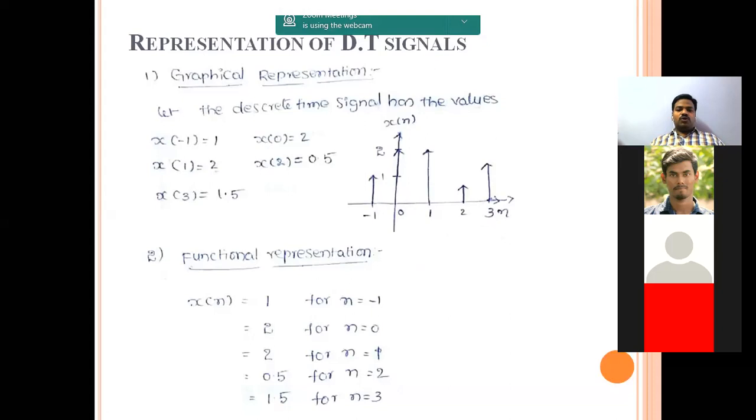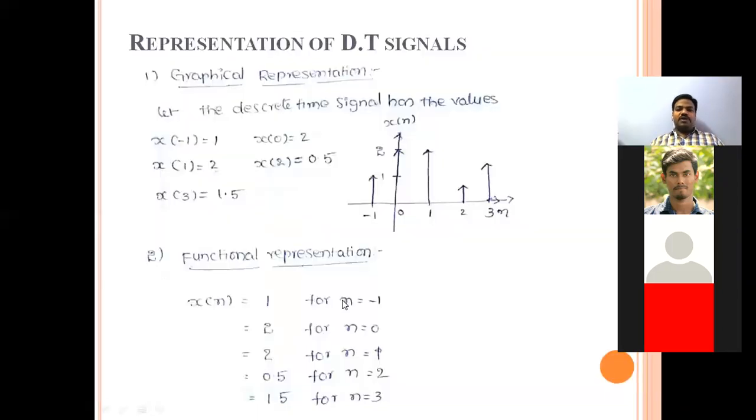Now, today's topic is representation of a discrete time signal.